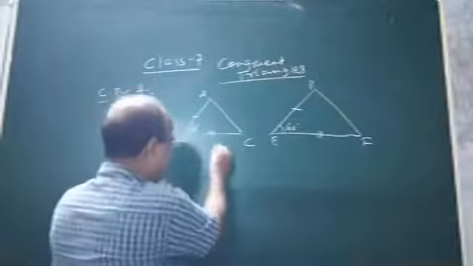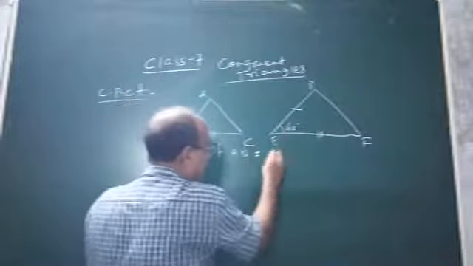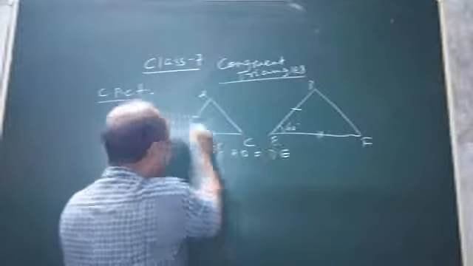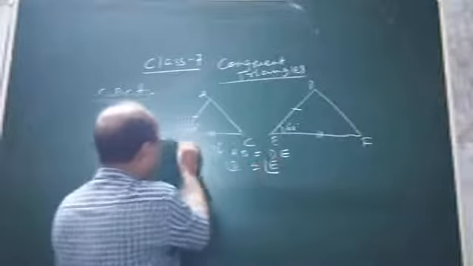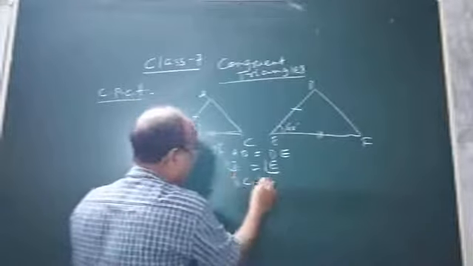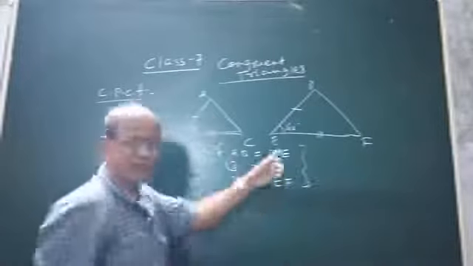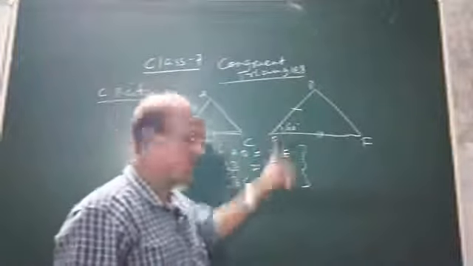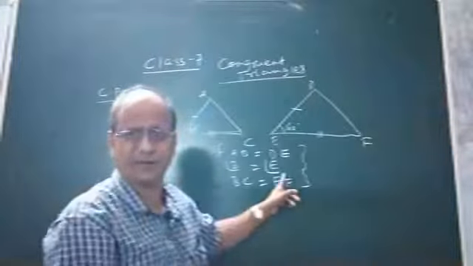That means if AB equals DE, angle B equals angle E, and BC equals EF, these are the three matching parts, matching parts meaning corresponding sides and corresponding angles.